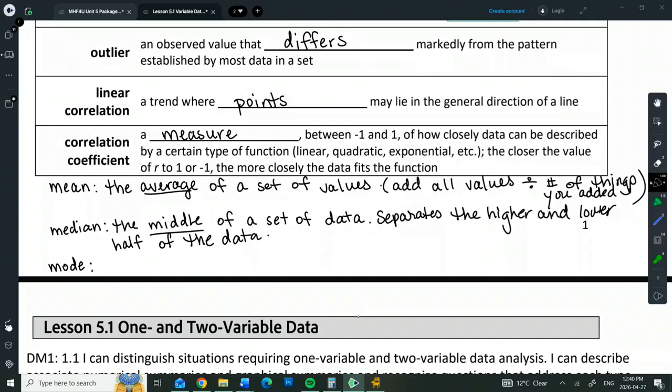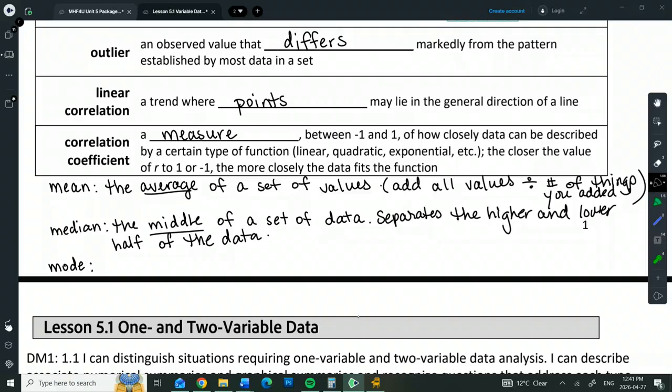Okay, so if you had, let's say, 21 values, you would find the center of those 21 values, like you'd literally organize them in ascending order, all the lower numbers all the way up to the higher numbers, and then you'd find the middle number in between those.